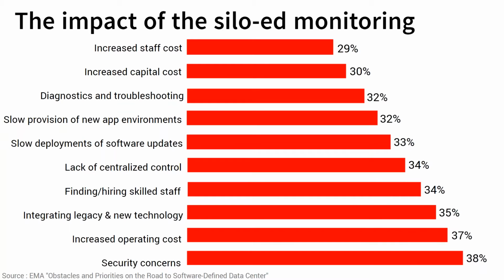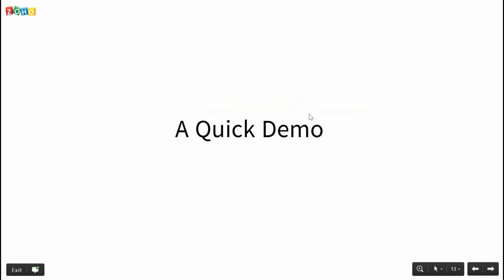It displays the increased staff cost, increased capital cost, increased time for diagnostics and troubleshooting, slow deployments and software updates, lack of centralized control, difficulty in finding and hiring skilled staff, integrating legacy and new technology, increased operating cost, and security concerns. So with this, let me take you through the product and show how OpManager 12 can solve this problem easily.